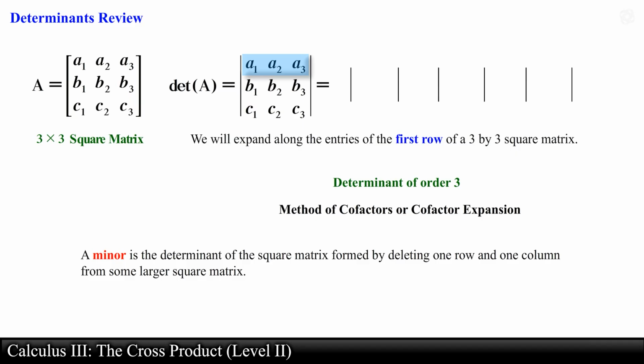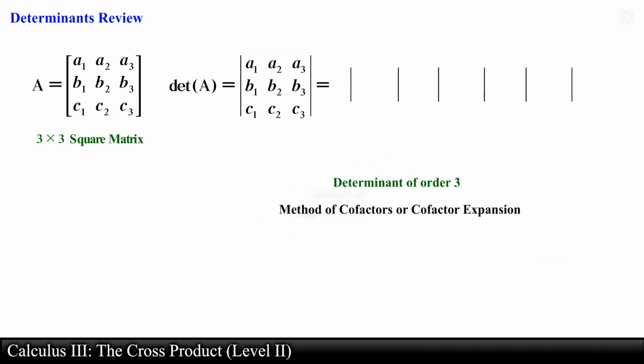But you are free to choose which row or column you want to expand from. So given the following 3x3 square matrix with the given entries, we find the 3 minors by first generating 3 2x2 square matrices by blocking the first row and systematically blocking each of the 3 columns. By blocking row 1 and column 1, we obtain the following 2x2 square matrix.